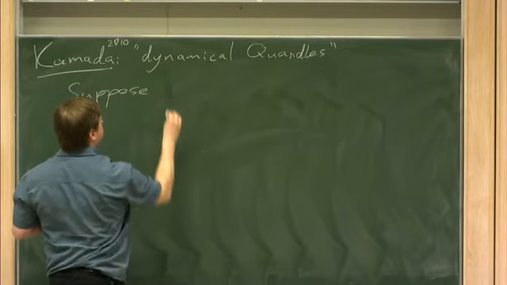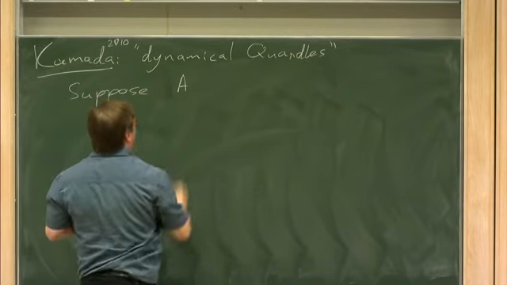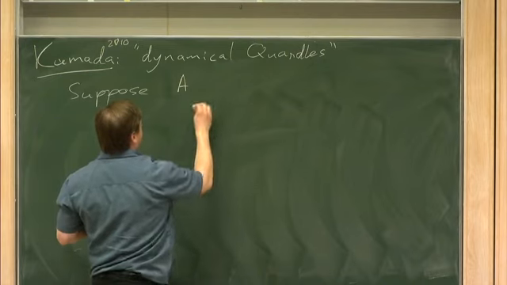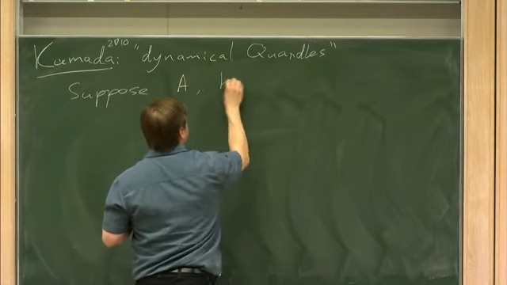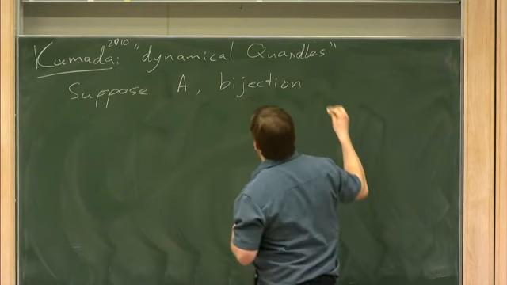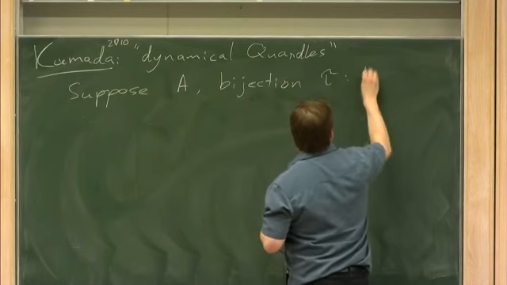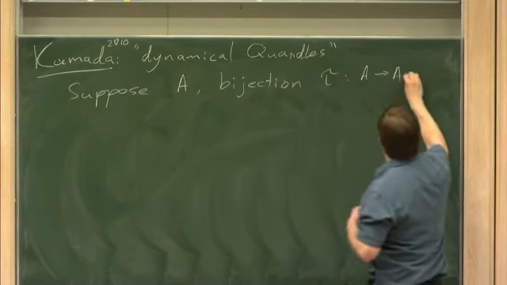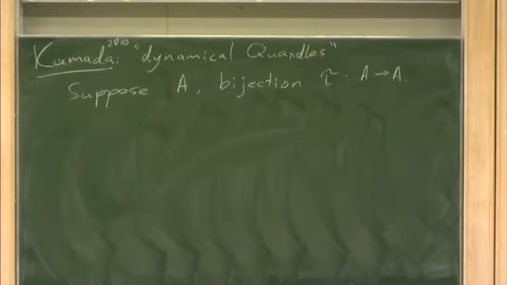So suppose you have a set A with a bijection tau from A to A. Okay, so Kamada thinks of this pair as a dynamical system. That's where the name's coming from.